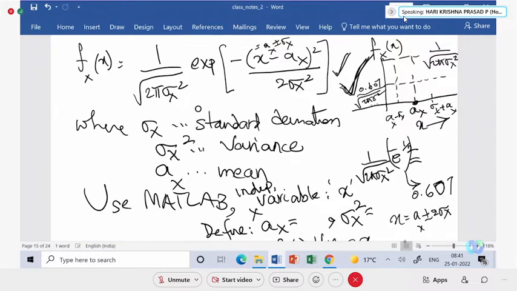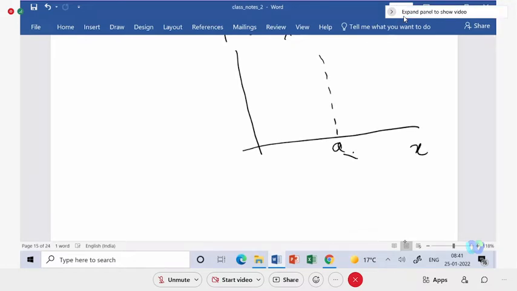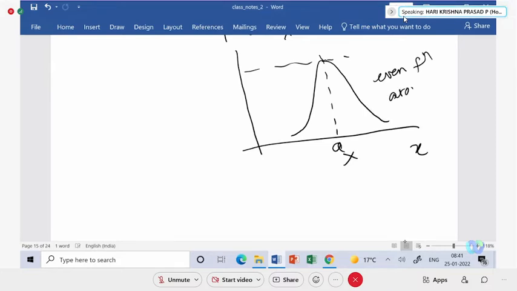If you compute the values, you will get a curve of this type. I will redraw the curve. Around a_x, you have the peak amplitude, and on either side of that, the density function decreases like this. It is an even function around a_x. Please remember.